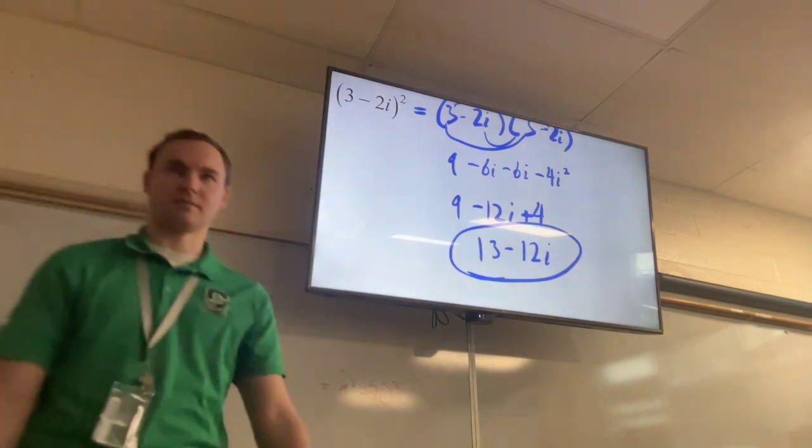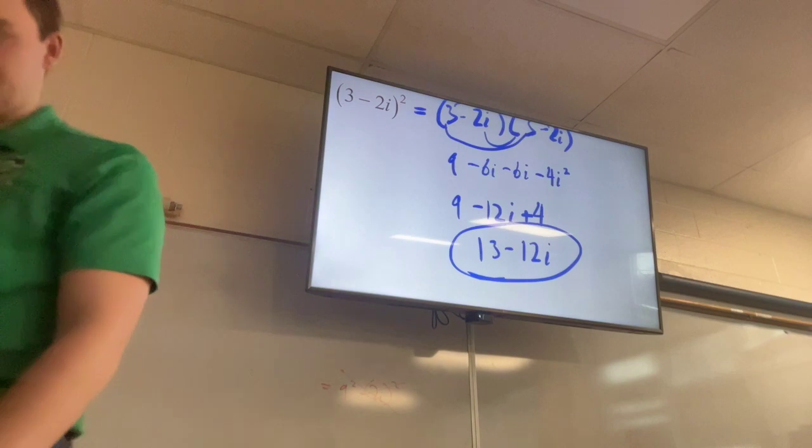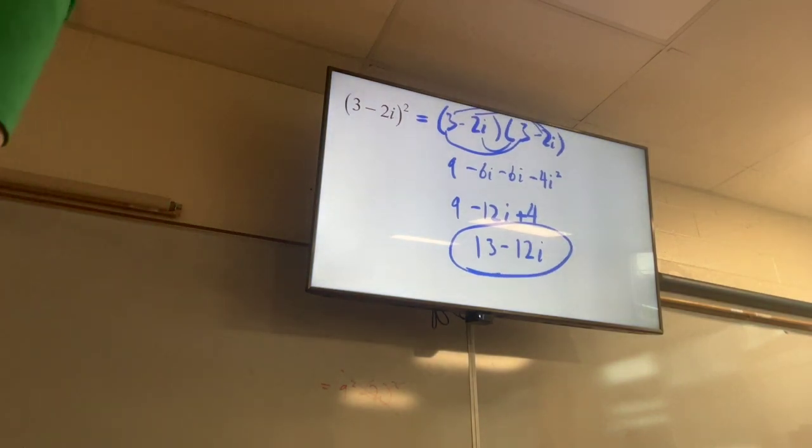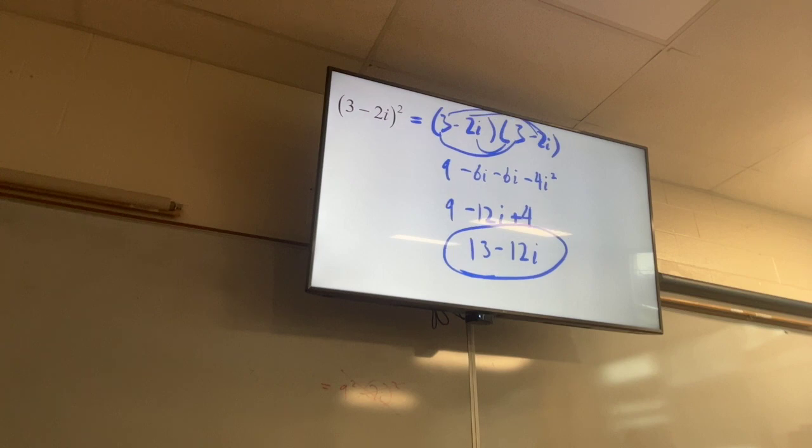Yeah, what's up? Did I do something wrong? It would be positive 4i? It would be, thank you. It'd be plus 4i squared. I'm sorry, guys. I made a little mistake when I multiplied the last. Minus 2i times minus 2i is going to be plus 4i squared. So it's going to be 9 minus 12i minus 4, or 5 minus 12i. Sorry about that. Thank you, Joey.